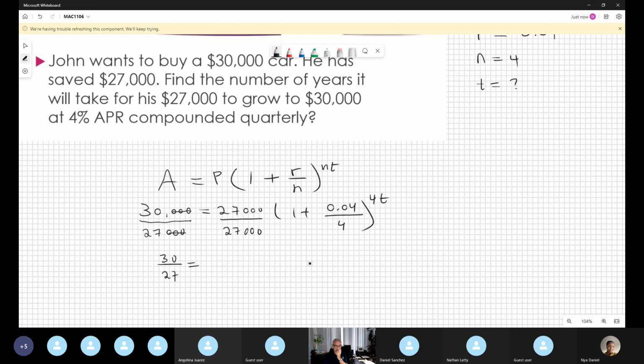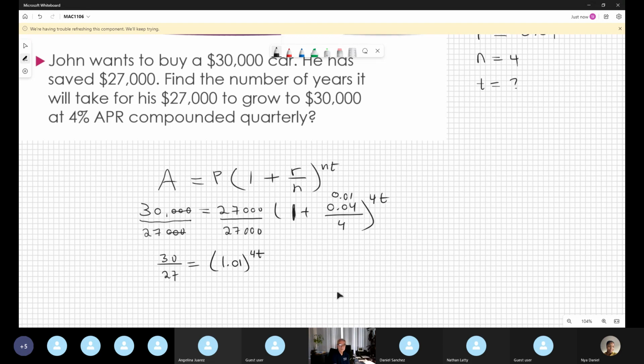And the right hand side I can manipulate a little bit, because 0.04 divided by 4 is 0.01. And 0.01 plus 1, don't forget this is 1, so 1.01 raised to the 4T. Ooh, more clear this equation, at least for me now. 1.01 to the 4T.